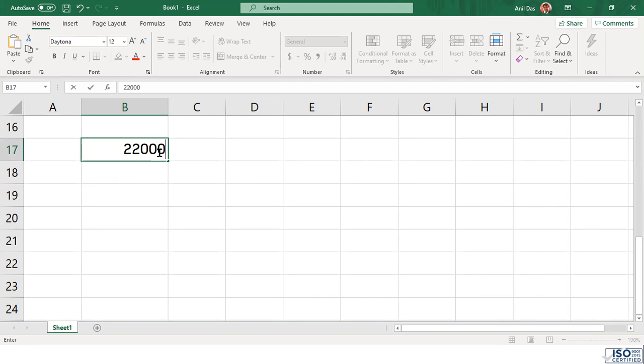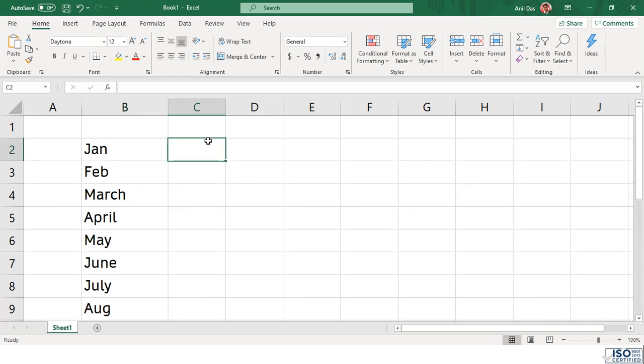If everybody is getting 22,000, ESI is not applicable. My question is, whoever is getting less than 21,000, is it mandatory? If it is a remote area, the company has to provide private insurance. Yes. Okay, that is what my question was. Thank you.